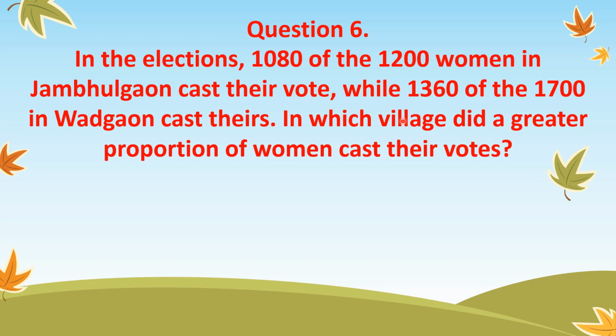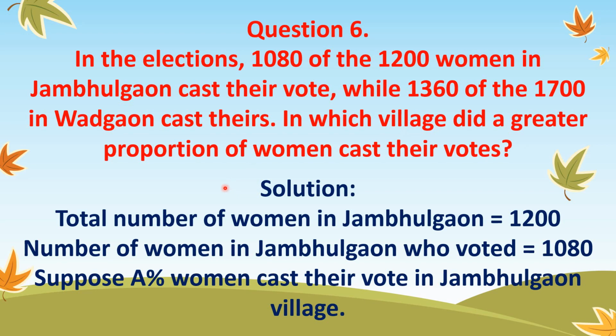In which village did a greater proportion of women cast their votes? So let's see the solution. Here, total number of women in Zambulgaon is equal to 1200. Number of women in Zambulgaon who voted is 1080. Suppose A% of women cast their votes in Zambulgaon village.